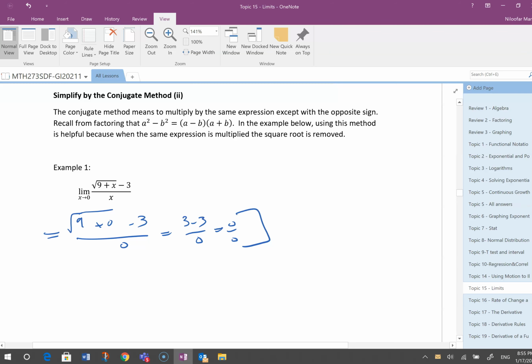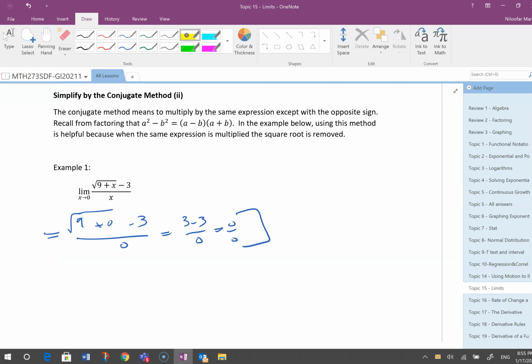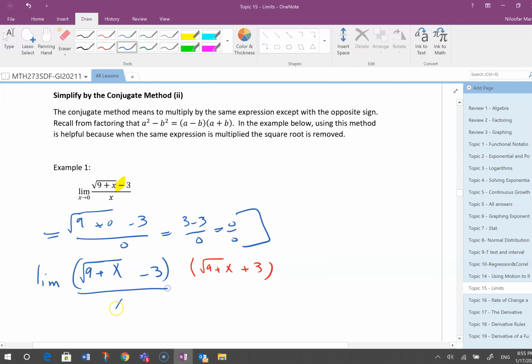So in this case, what do I see here? I see minus. So I can multiply the top with radical 9 plus x plus 3. I change the color, I multiply with this. Then you would say, how about the denominator? I say, okay, I don't change it, the denominator is here.